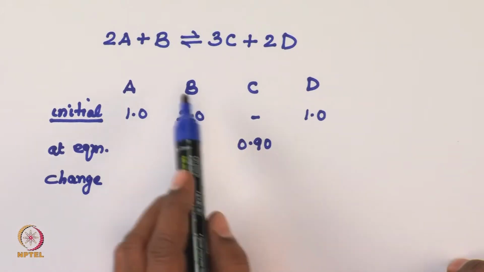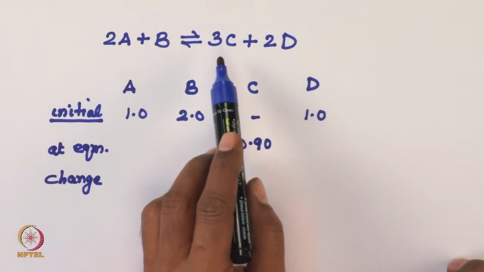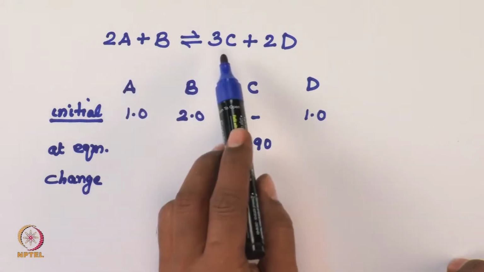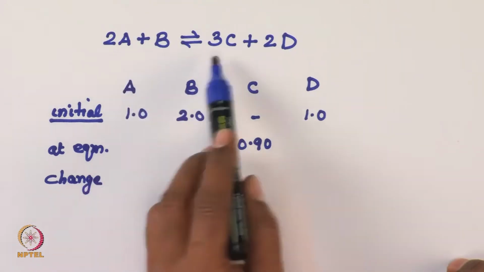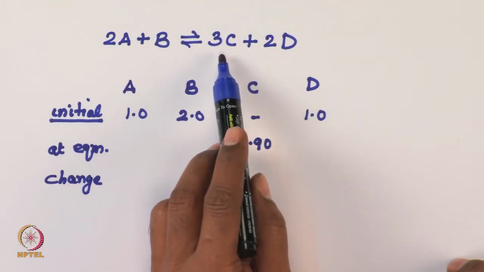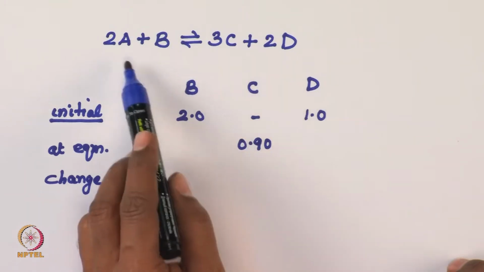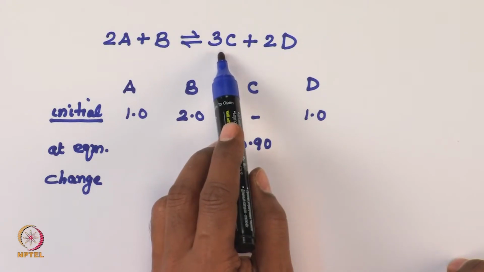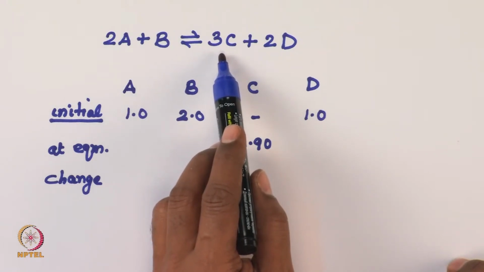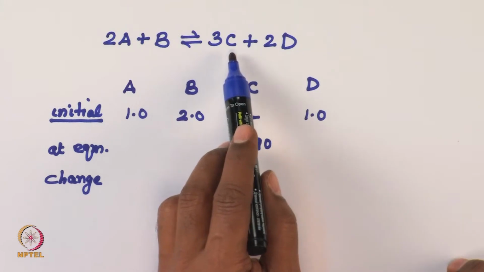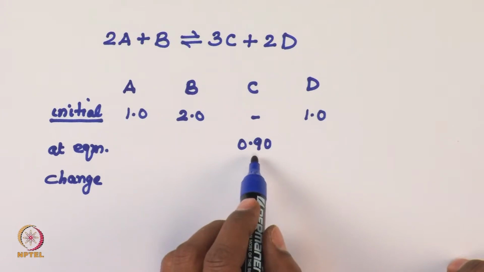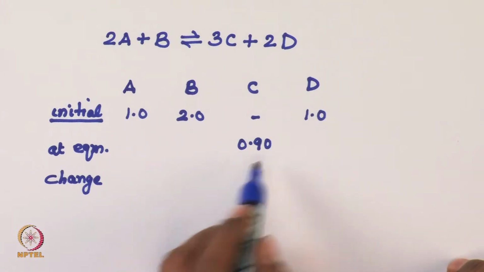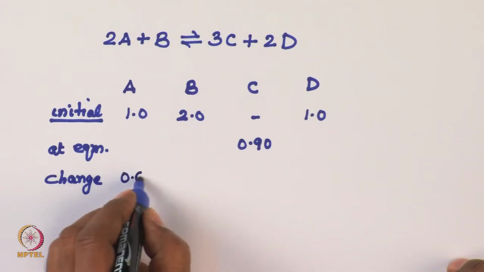Therefore, the amount of change in A will be equal to 2/3 of the amount of change in C. Because 2A is forming 3C, the amount of change in A will be equal to 2/3 of the amount changed in C. Since the amount changed in C is 0.9, 2/3 of 0.9 is 0.6.